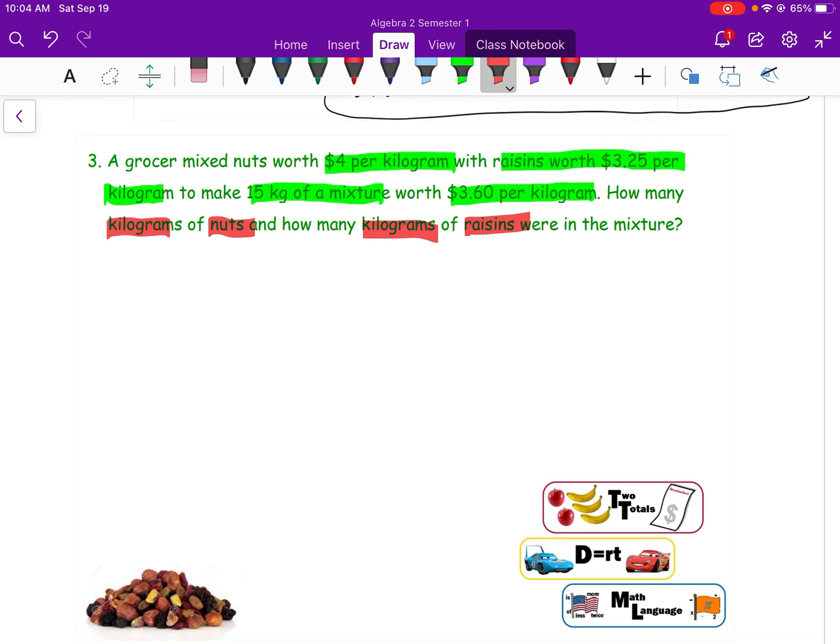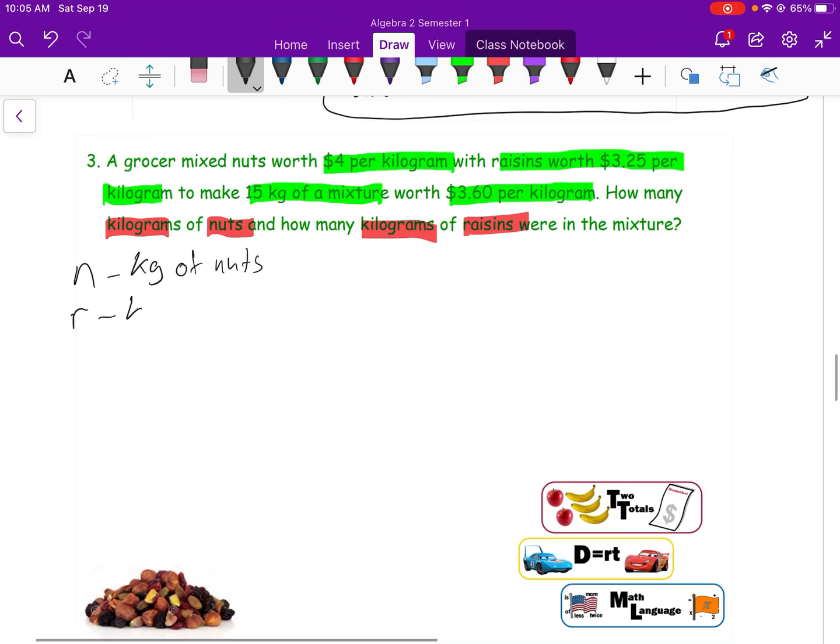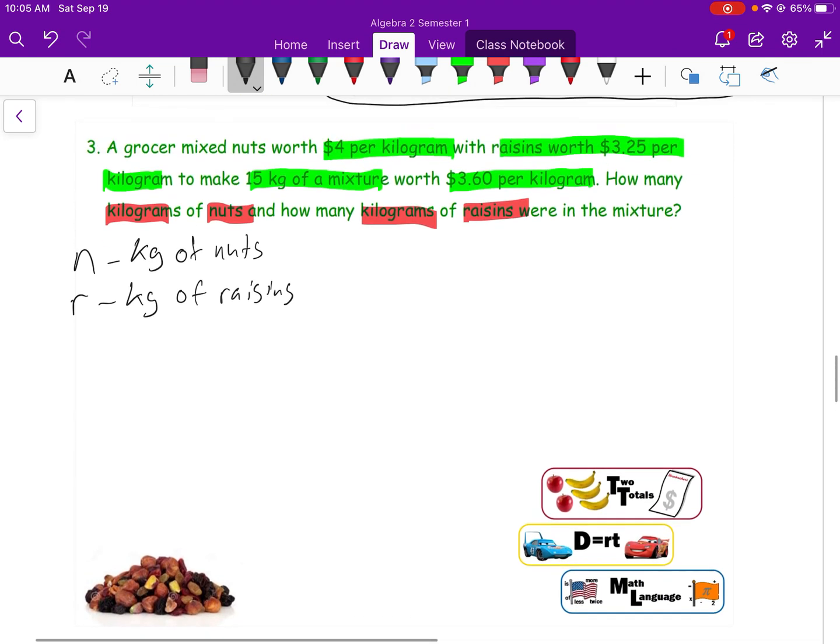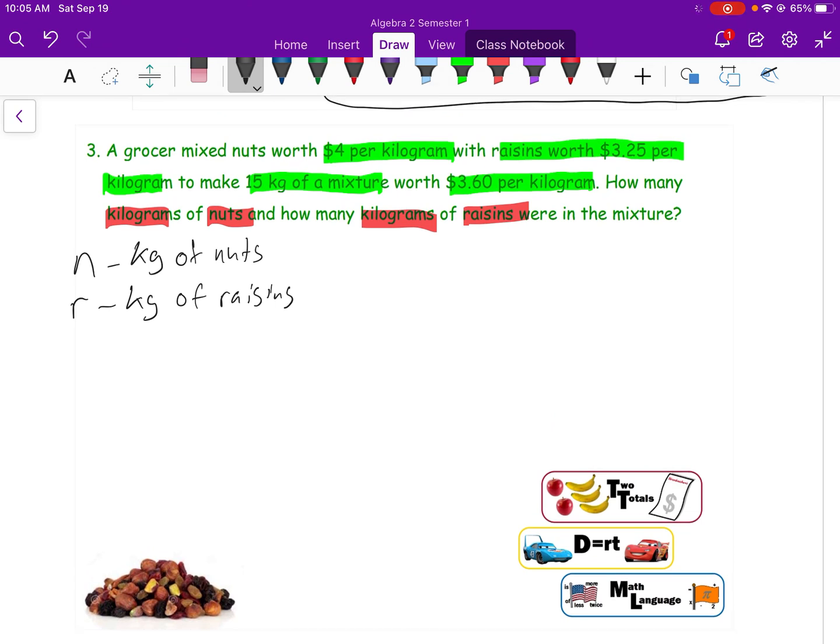Okay, so again, defining our variables. Nuts, raisins. So kilograms of nuts, kilograms of raisins. So a grocer mixed nuts worth $4 per kilogram with raisins worth $3.25 per kilogram to make 15 kilograms of a mixture.